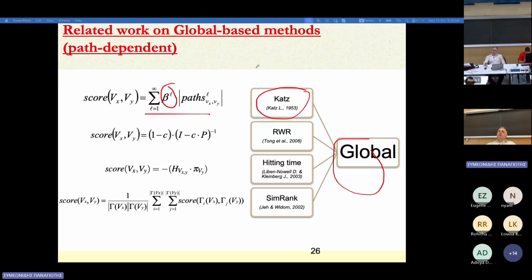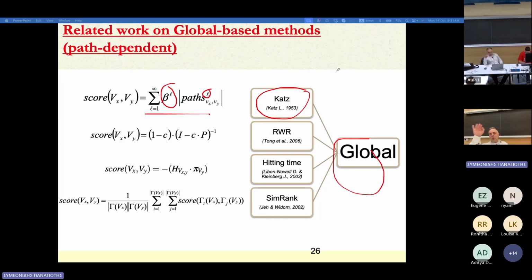This is an attenuation factor, which attenuates the importance that you put on a path of length L. So if you have paths of higher length, you should attenuate their importance.